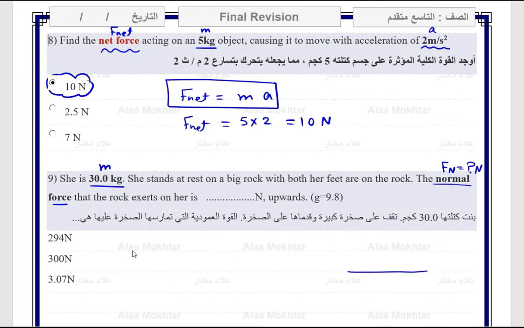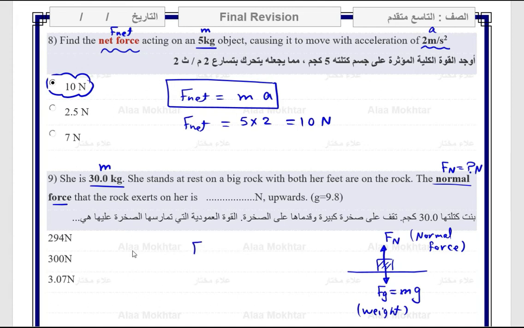If I draw a free body diagram like that, there is an object. The down force is what? Exactly Fg. Fg is equal to mg. The up force is normal force. Fn means normal force.